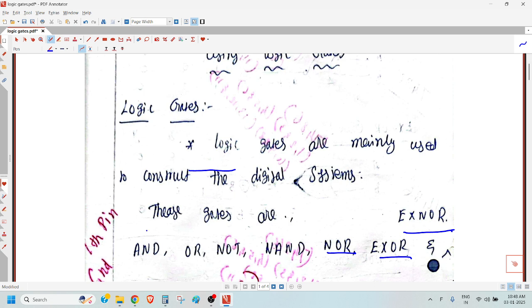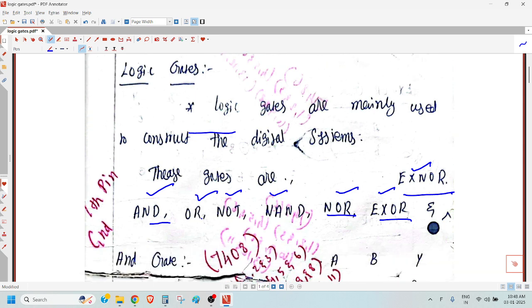First we will discuss AND gate, then OR, NOT, NAND, NOR, XOR, and XNOR gates. Here we have to know the basic diagrams as well as the truth table, and how we have to construct them. Everything we will discuss now. So first I'm moving into the AND gate.